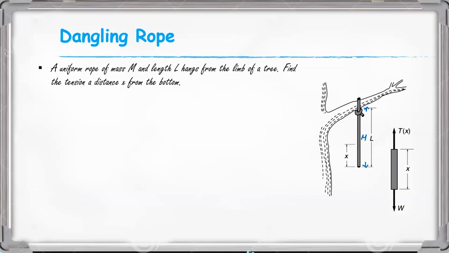Okay, so for a length of capital L, it has a mass of capital M. And here we assume a distance x. This is the point. Okay, it is at a distance x from the bottom.